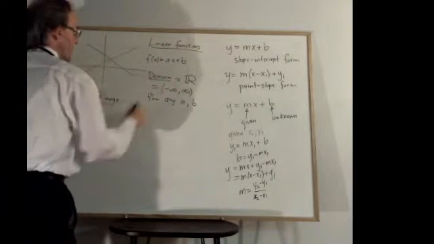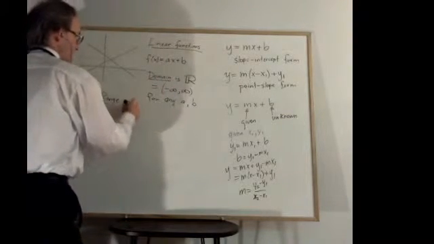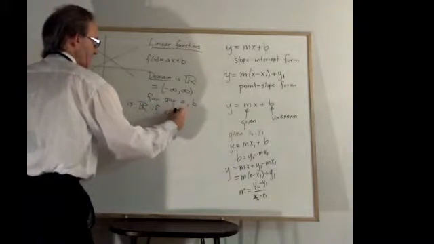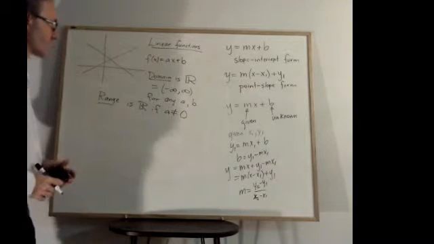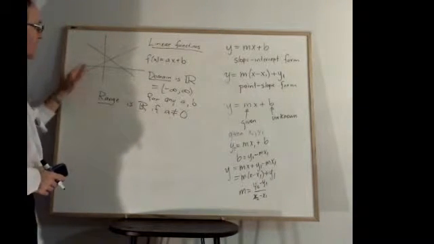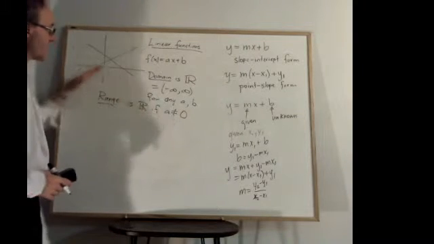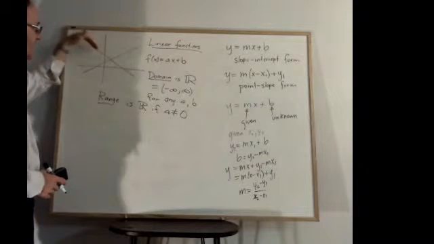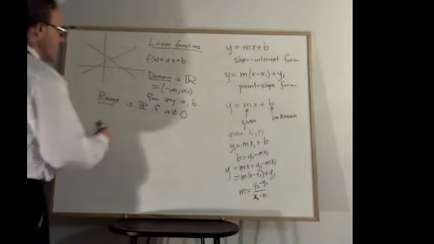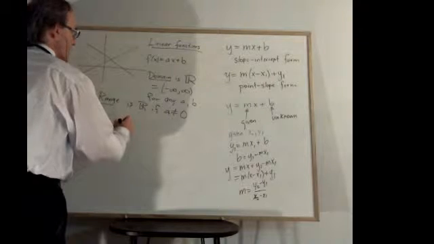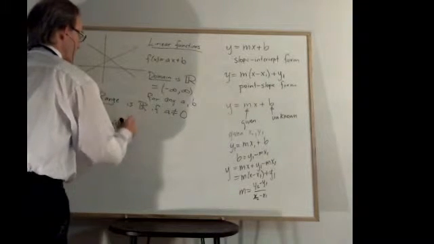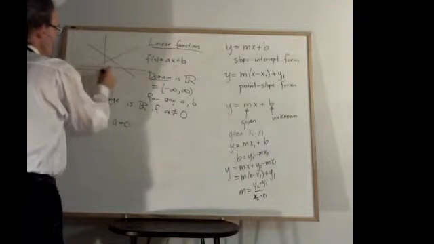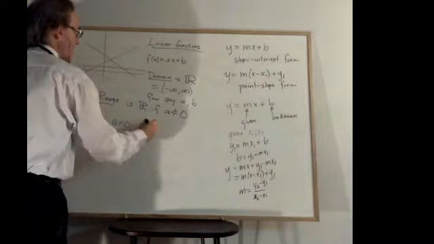The range is R if a is not equal to 0, because if a is not equal to 0, then you have a slope. Then the function is either strictly increasing or decreasing. But if a is 0, then the function is a constant. f of x is equal to b only.